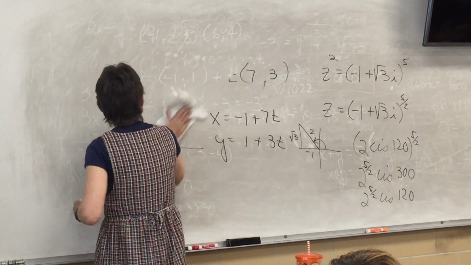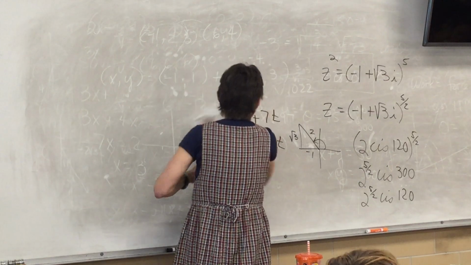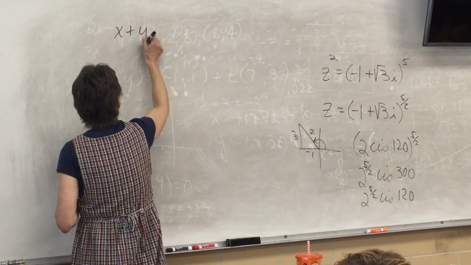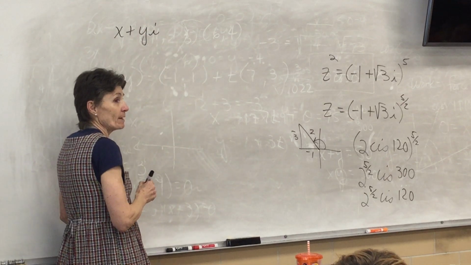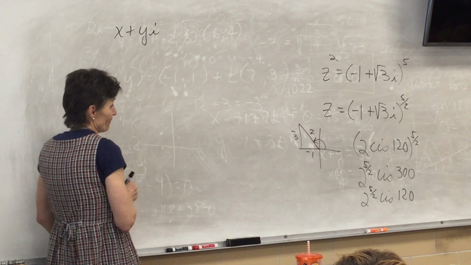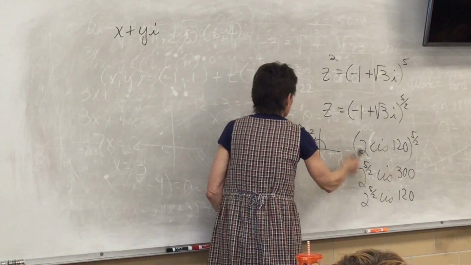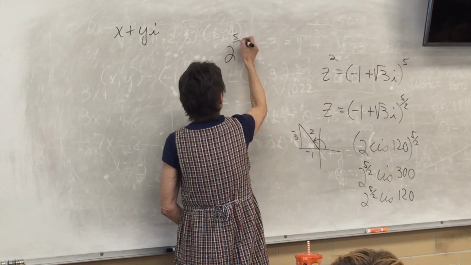But the question said answer in complex form, which means x plus yi, right? Yeah. So I have to find x. Well, let's clean this up first. What does 2 to the 5 halves mean?